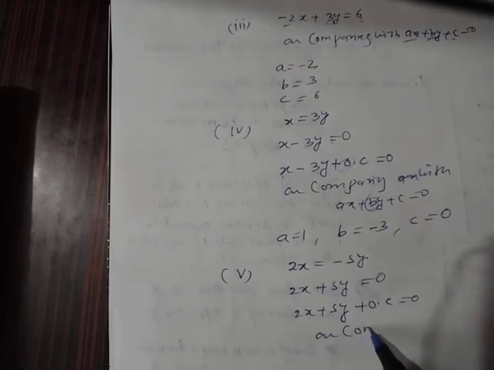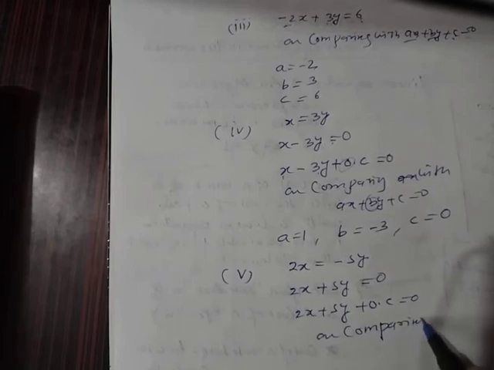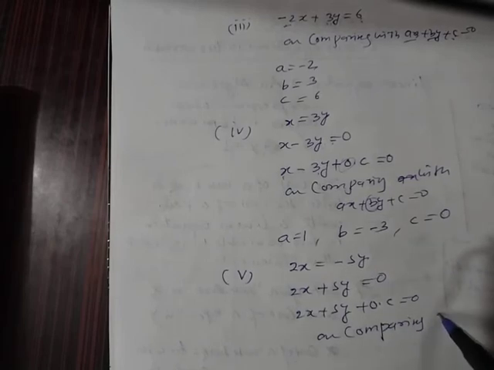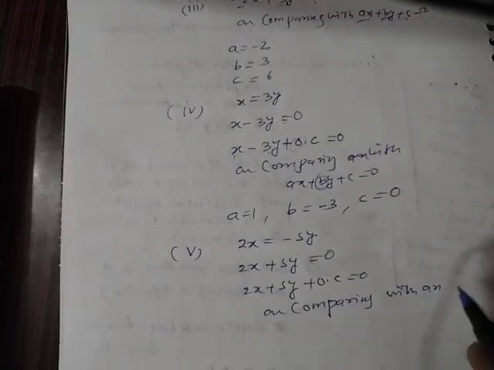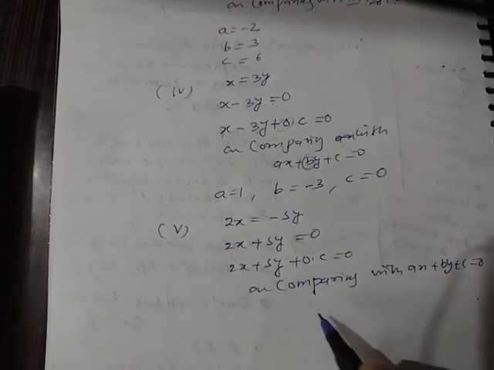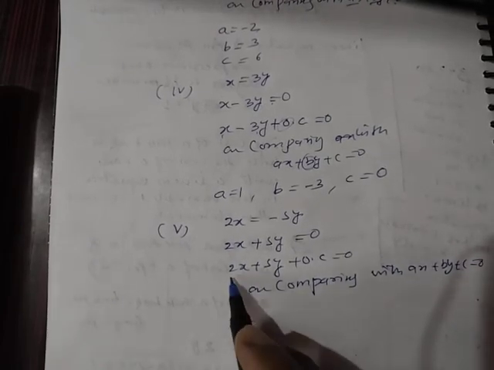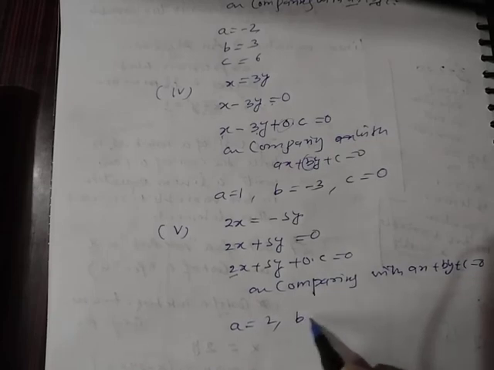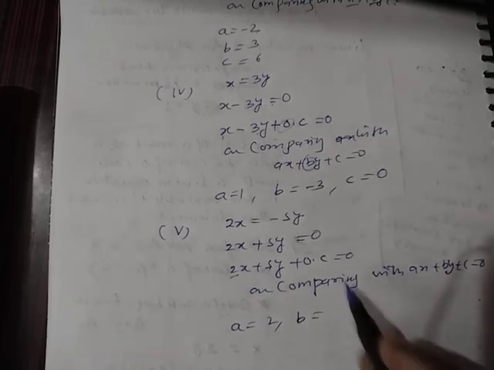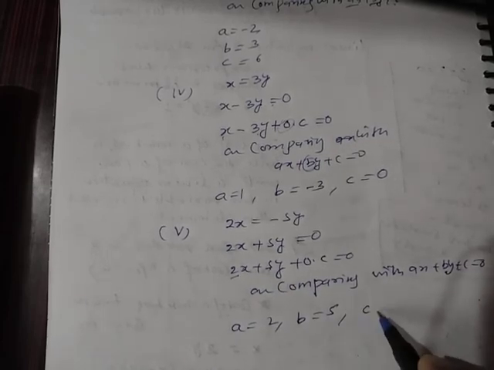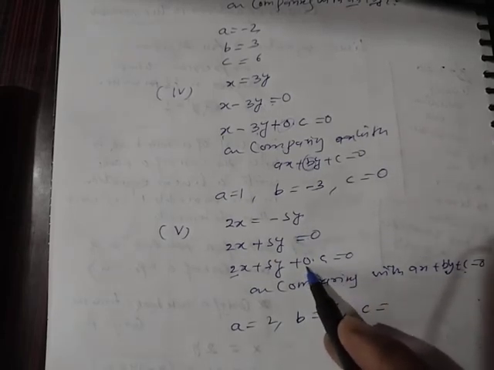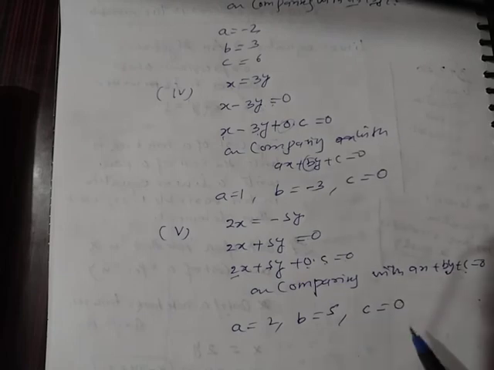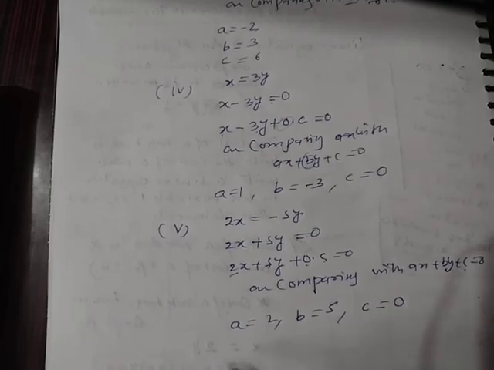So on comparing with ax plus by plus c is equal to 0, a is equal to the coefficient of x, which is 2, b is equal to the coefficient of y, which is 5, and the coefficient of c is not existing here. So, I have written here 0 into c. So, 0. Okay.